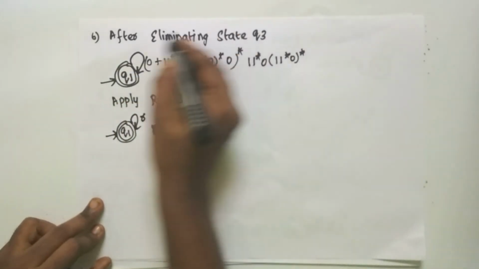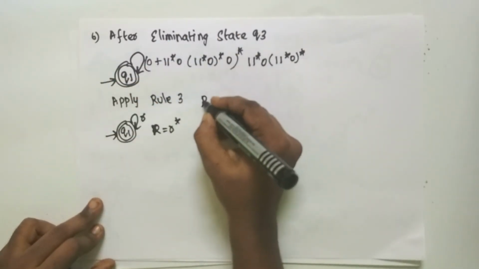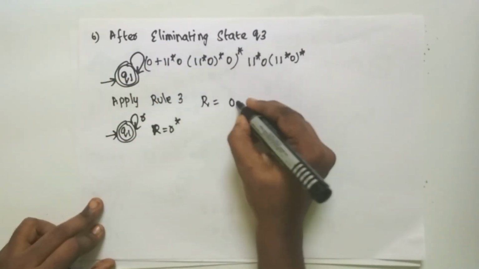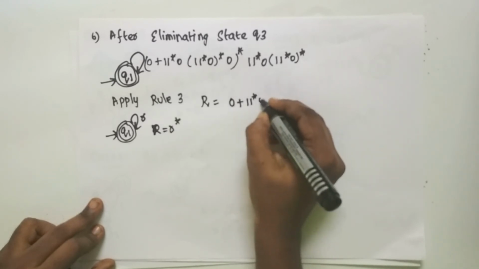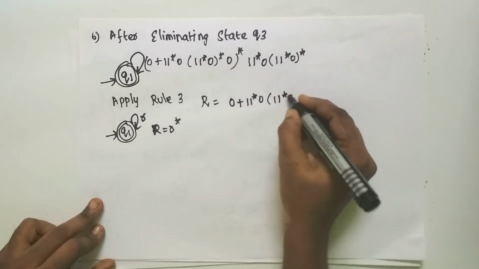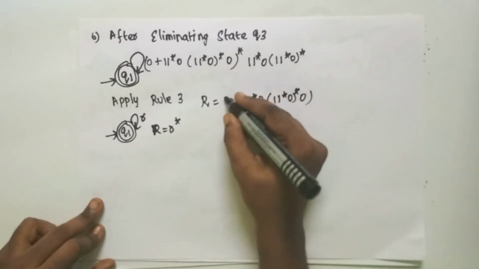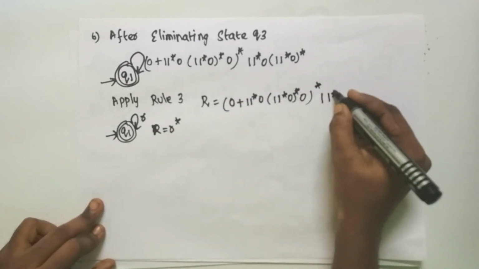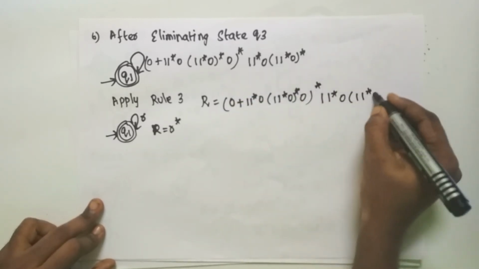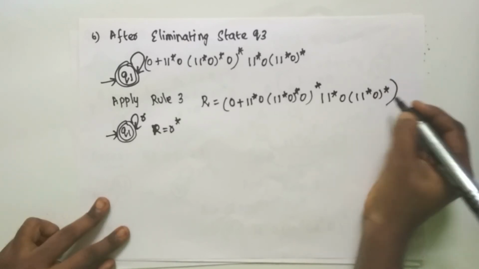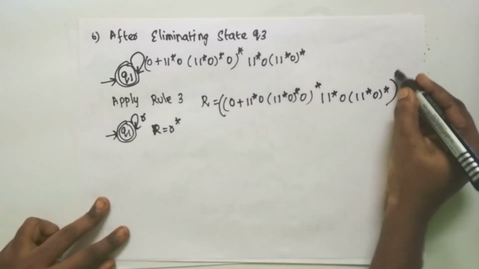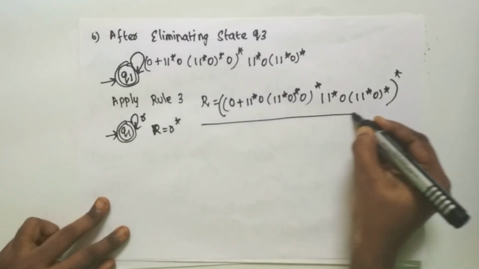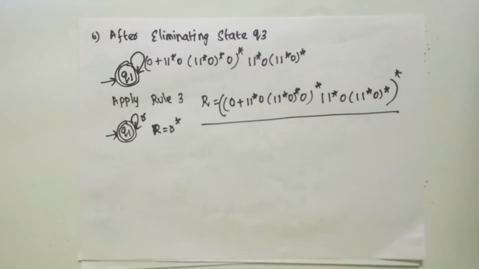So by applying rule number 3, the final regular expression capital R will be equal to 0 plus 1, 1 star 0, 1, 1 star 0 the whole closure, 0 the whole closure, 1, 1 star 0, 1, 1 star 0 the whole closure. For this entire regular expression you make a closure. This is the final regular expression for the given problem.